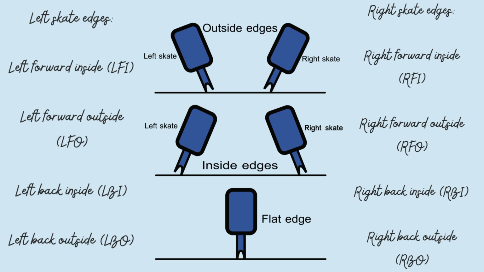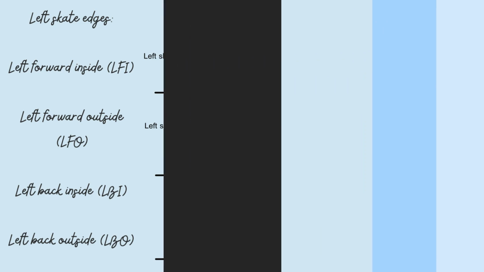I'm going to annotate these as I for inside and O for outside. And then there are different directions as well, forwards and backwards. The forward is denoted with an F and back is denoted with a B. There are 8 different shorthands that I will be using throughout the video, and they're all on the screen now.